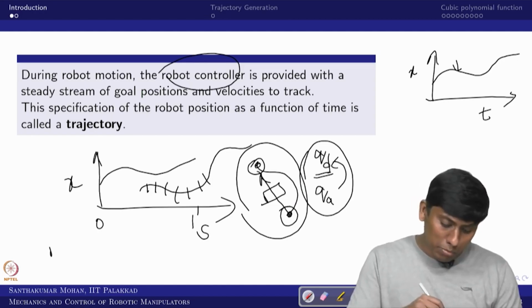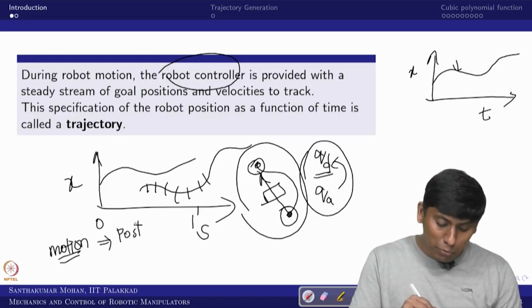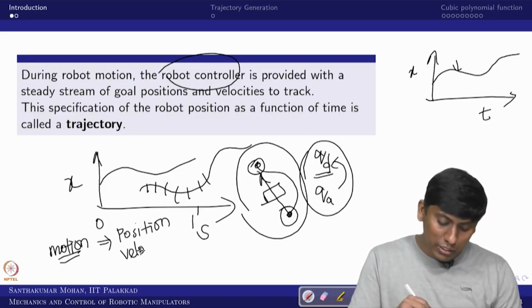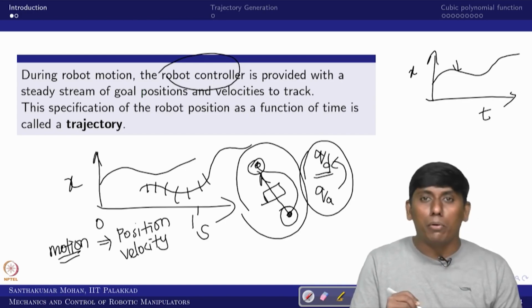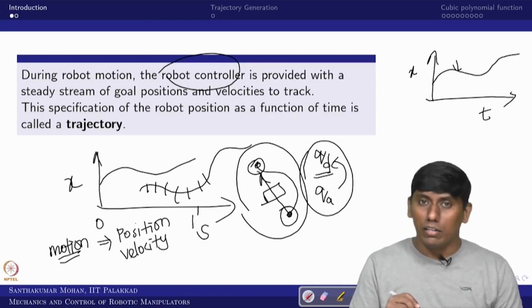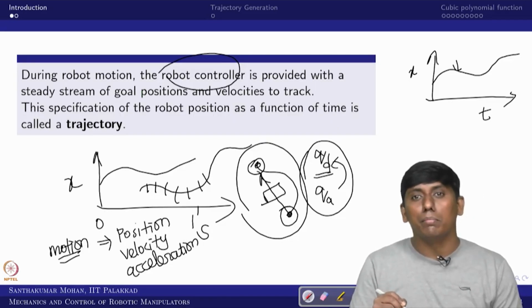Now we are talking about the motion. What we bother about is the position and its derivative, which is velocity. These two things are very important. Even if you are going to the dynamic level, the desired acceleration is also important, so acceleration is the third part we are bringing in.